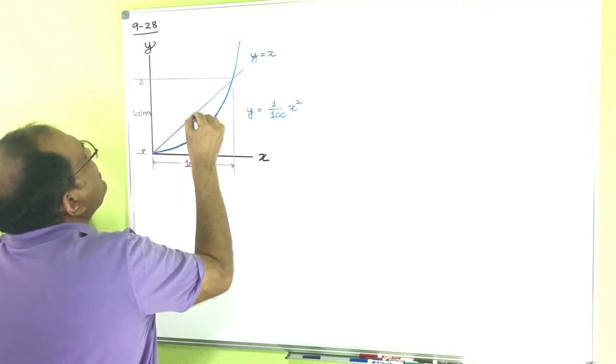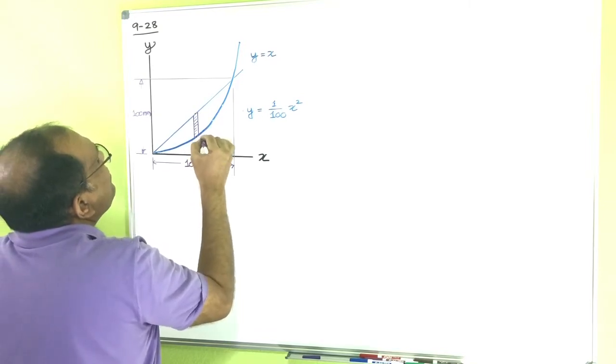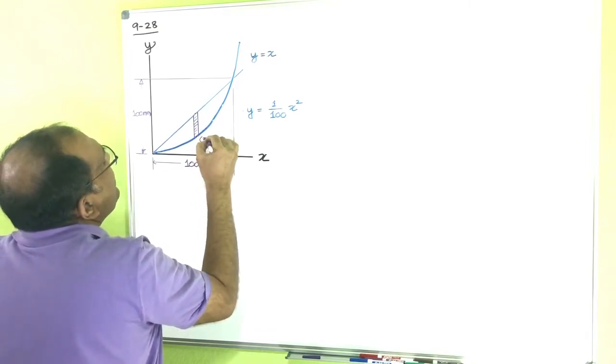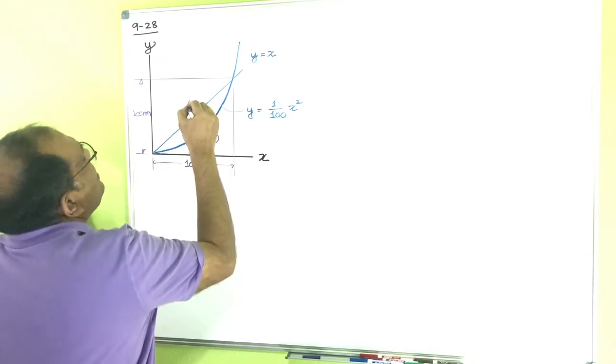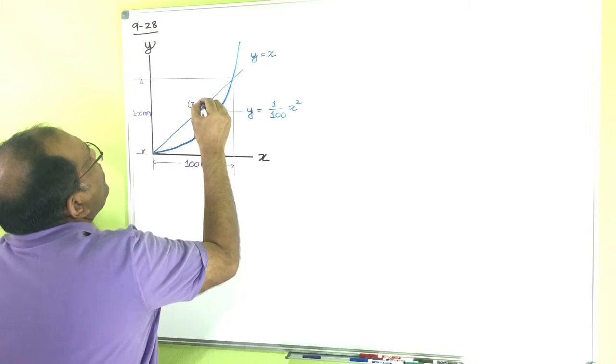Let's say this is x1, y1, and this is x2, y2.